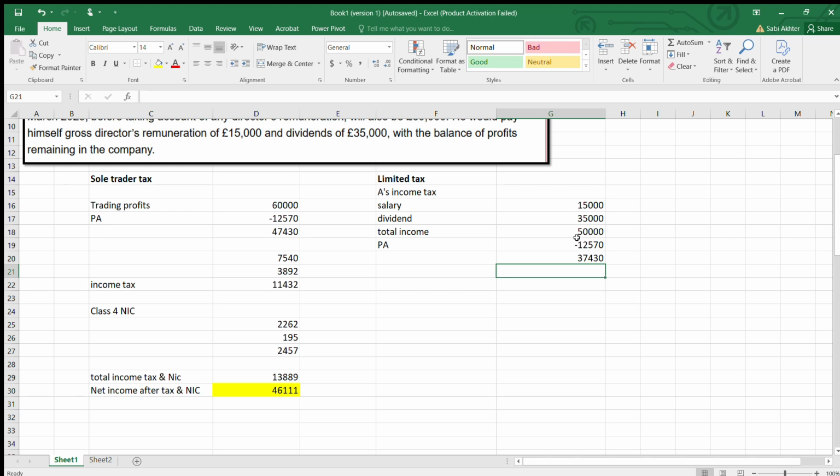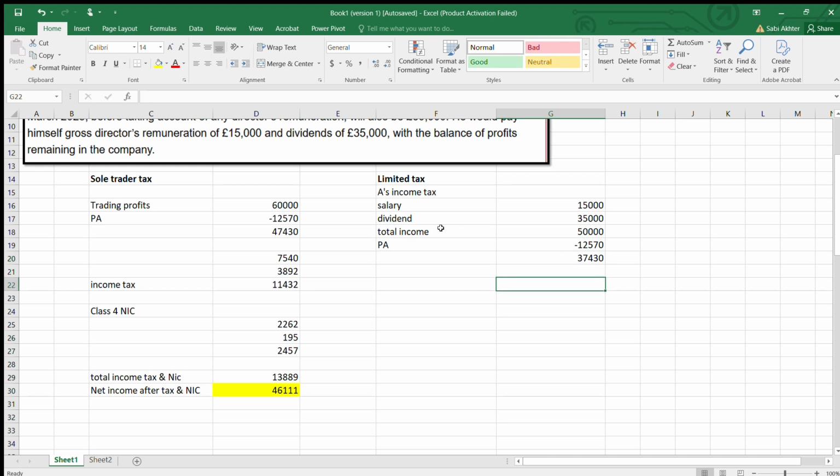Now if you see, is this more than your basic? No. Your basic is 37,700. This is 37,430. Okay, sometimes when the numbers are very close by, it's easy for you to get confused. Read the number properly till the end. 37,430. So everything will be taxed at the basic rate.